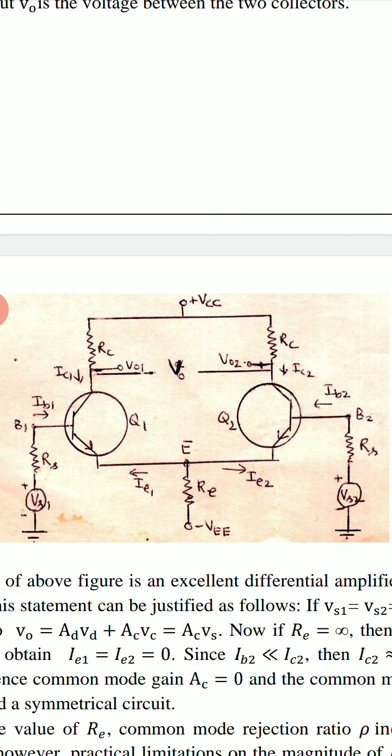Here Q1 and Q2 are two symmetrical transistors which are coupled through emitter resistance Re. Their emitters are connected together and connected to resistance Re.